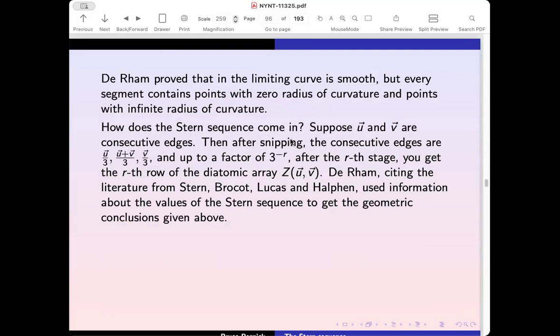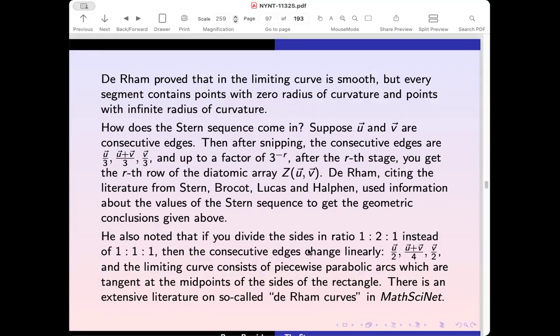And the reason the Stern sequence comes in is that if u and v are consecutive edges, then after you snip, the consecutive edges are u over 3, (u plus v) over 3, and v over 3. So you can use the mechanism of the diatomic array to get the exact formula of things. And then he used this to prove what he said before.